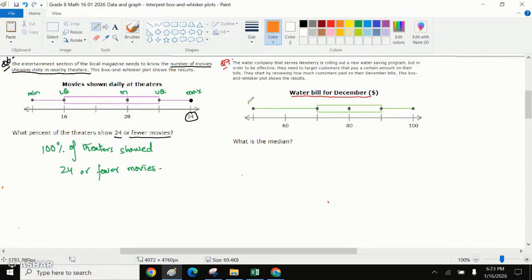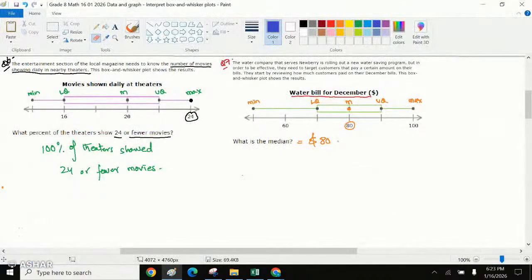So this is the minimum, this is the lower quartile, this is the median, this is the upper quartile, and this was the max, right? Max bill given. So what is the median bill given? Water bill is $80. Do we agree? $80 is the median average bill given to the customers. Okay, let's try something else in this.